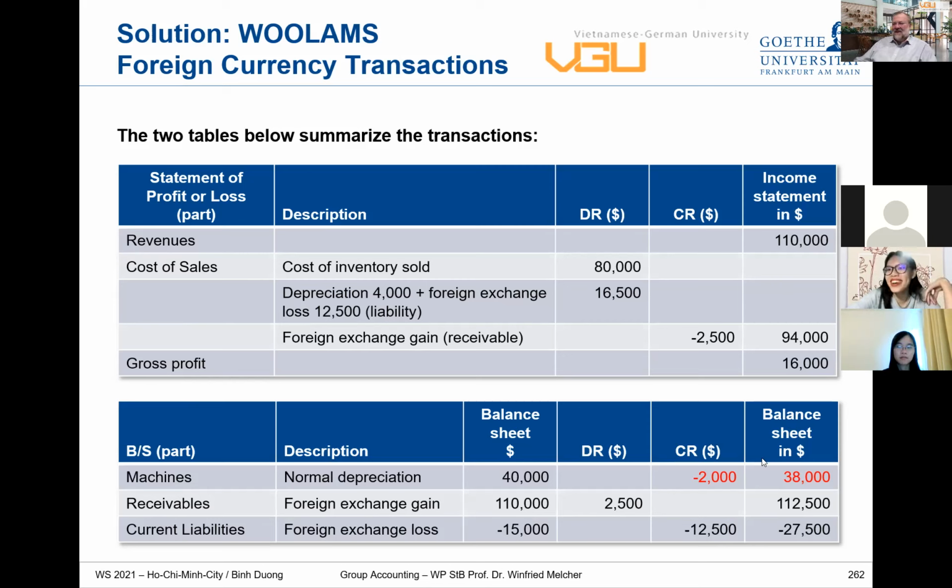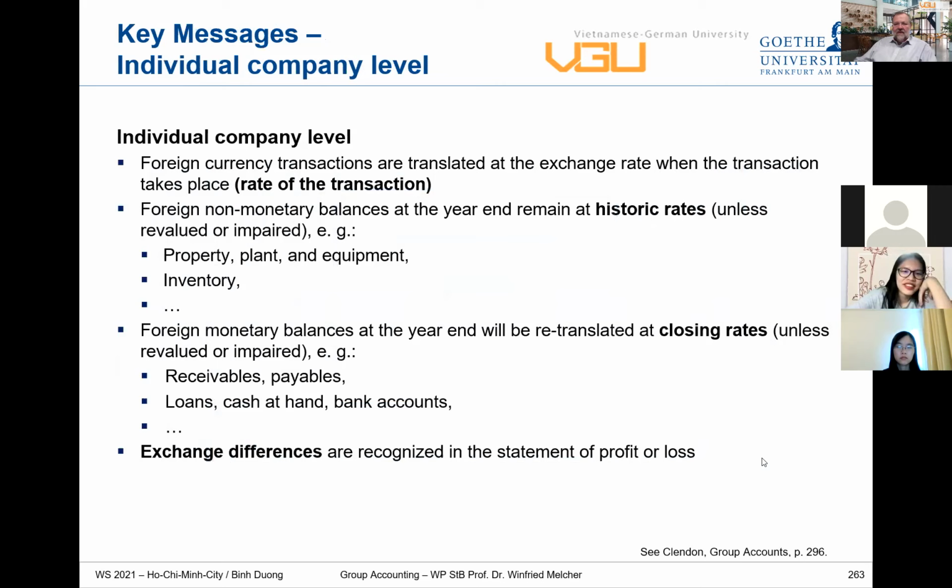But okay. So tomorrow we will look at what we have seen so far. We looked at the individual company level, the foreign currency transactions. They are translated at the exchange rate when the transaction takes place. So that is the rate of the transaction or transaction date rate. For non-monetary items, at the end of the year, we will use the historic rates: property, plant and equipment, inventory.